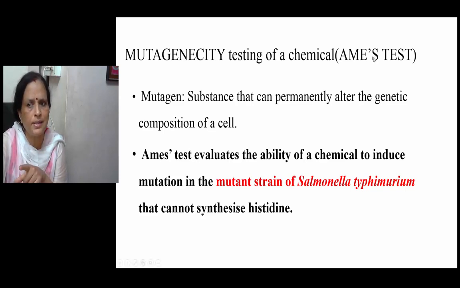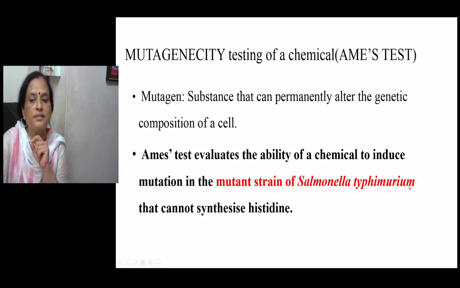So what does this test do? Ames test evaluates, just know this, the ability of a chemical to induce mutation in the mutant strain of Salmonella typhimurium, so that cannot synthesize histidine.